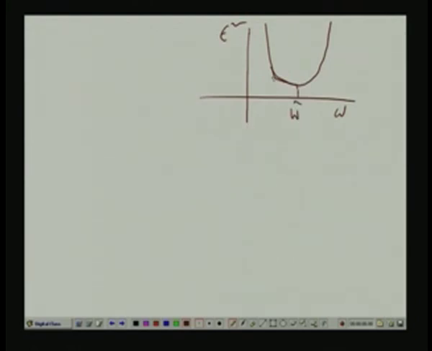If that be so, we propose an iterative procedure like this, that suppose at ith step of iteration you are here, W I. From W I, we have to find out a W I plus 1. What I do, I look at the gradient here. The gradient here is positive, because I am to the right of W cap.